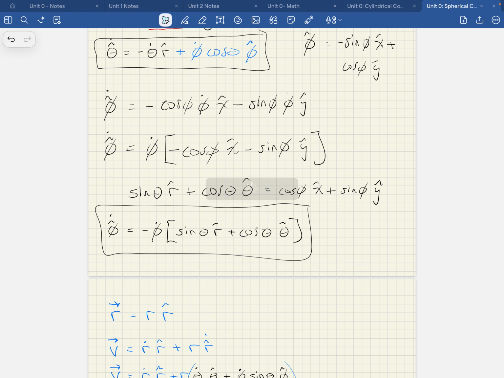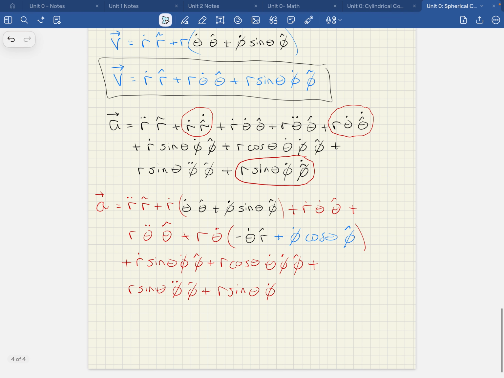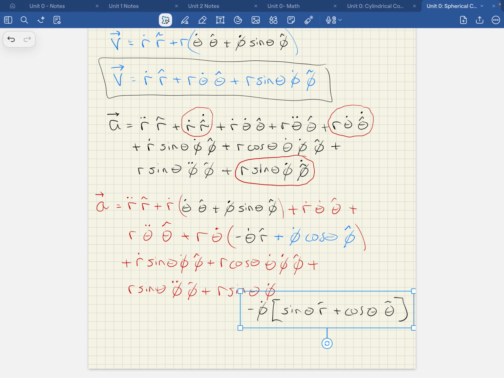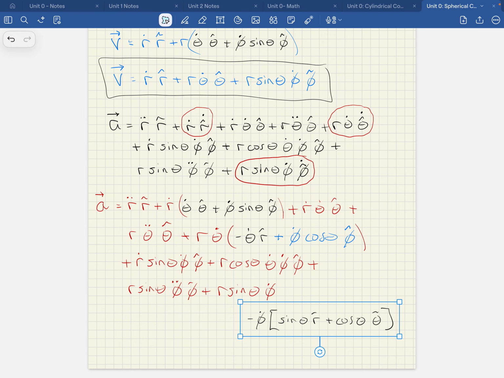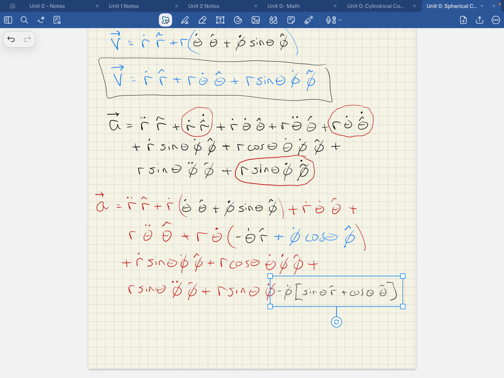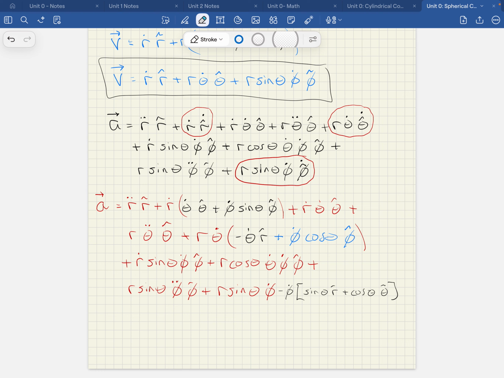Plus cut, paste. Okay, let's shrink it a little bit and paste it here. And we can move that negative sign out to the front.